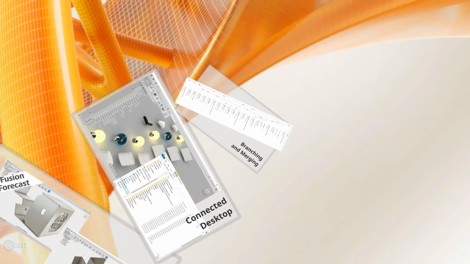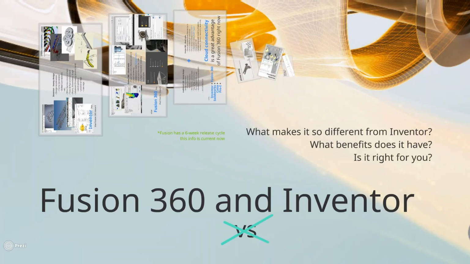Okay. So in a nutshell, I hope that gave you a good idea of some of the differences between Fusion and Inventor and kind of where they each fit. What makes Fusion so different? My main answer would be the cloud stuff. Of course, the benefit of Inventor or traditional CAD currently would be the heavy design tools.